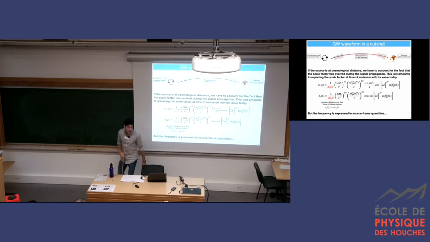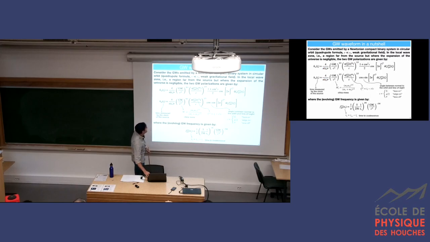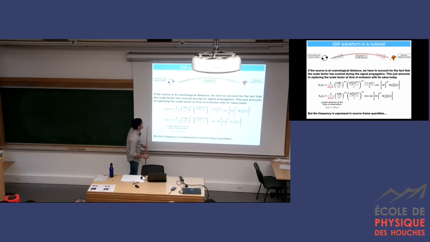One can show that the main consequence, compared to the equations that I showed you in my previous slide, is just to replace the scale factor with the value of the scale factor today. In other words, previously we had this expression where we had the scale factor evaluated at the time of emission of the GWs, and one just has to replace this. All of the rest basically stays the same.